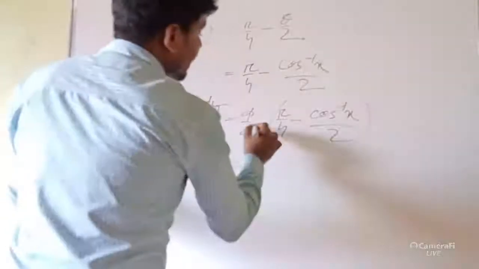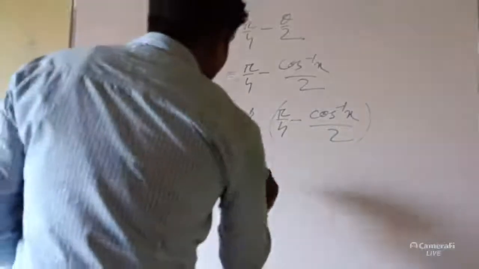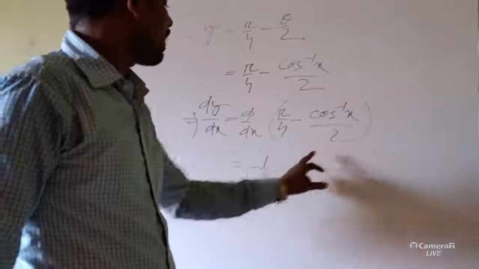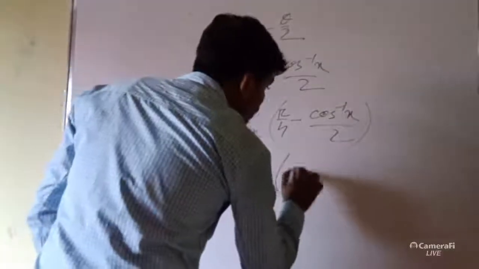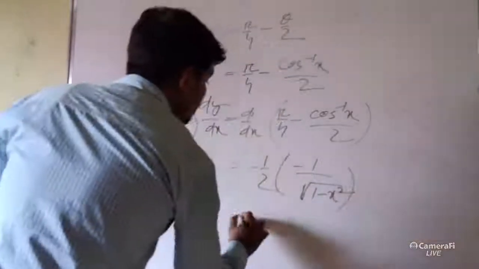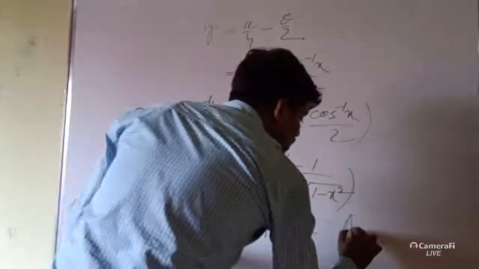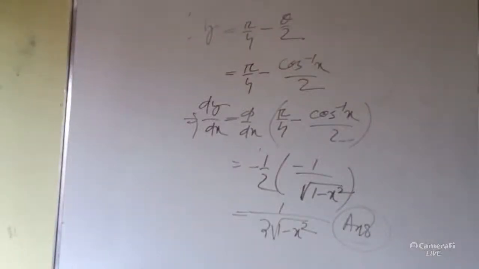The derivative of pi by 4 is 0 because it is a constant. Then minus half, and the derivative of cos inverse x is minus 1 by root over 1 minus x square. Then this becomes 1 by 2 root over 1 minus x square, and this is the answer. Okay, any doubt?